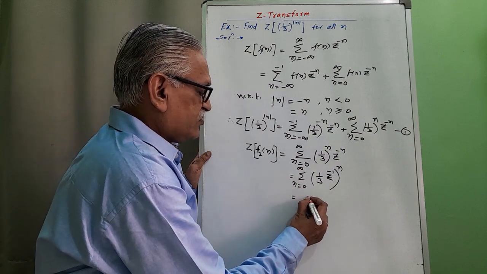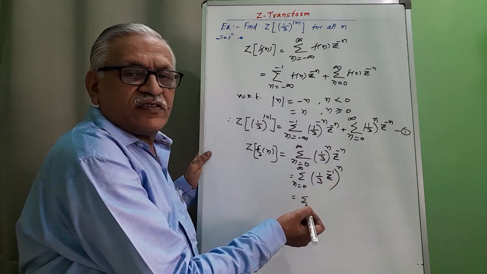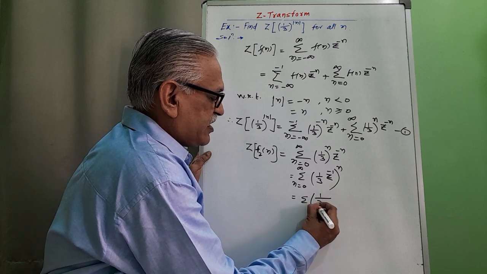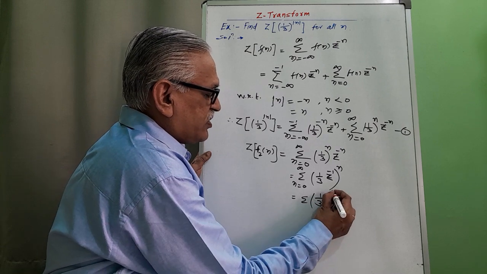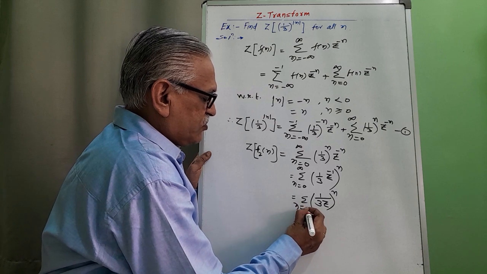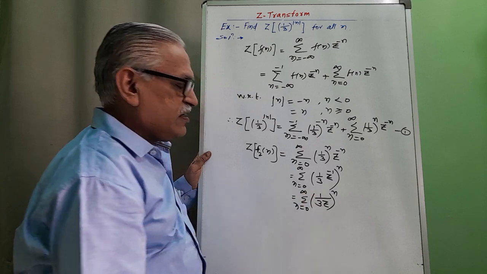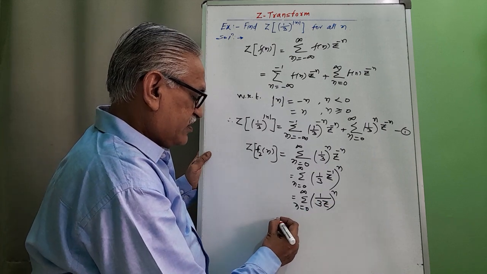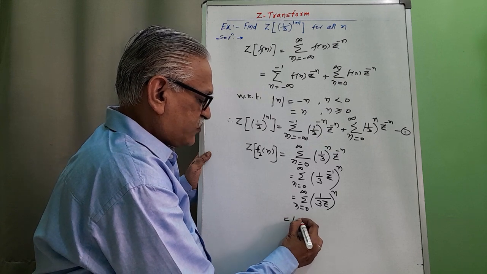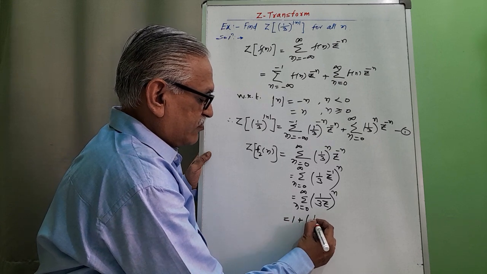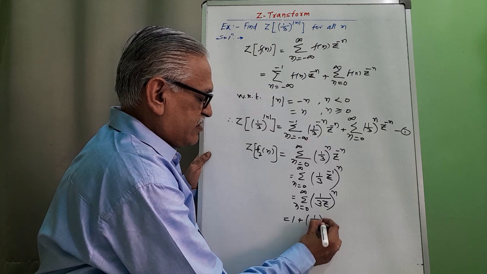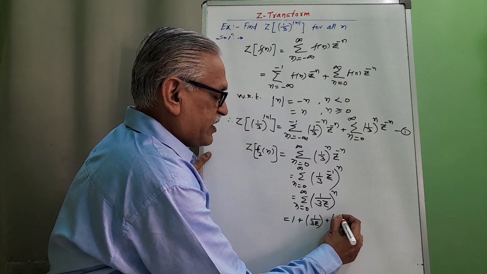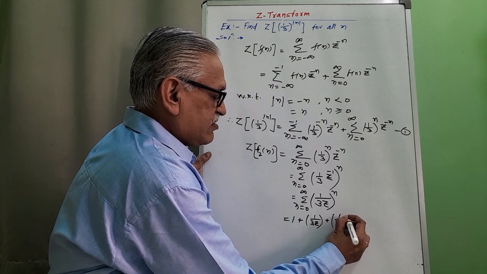Transferring this z raised to minus 1 to the denominator, we get (1/(3z)) whole raised to n. Substituting the first value, n equals 0, we get 1. Next is (1/(3z)) raised to 1. For n equals 2, we get (1/(3z)) whole square.